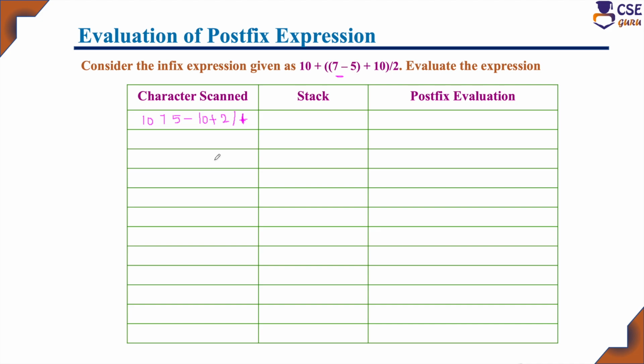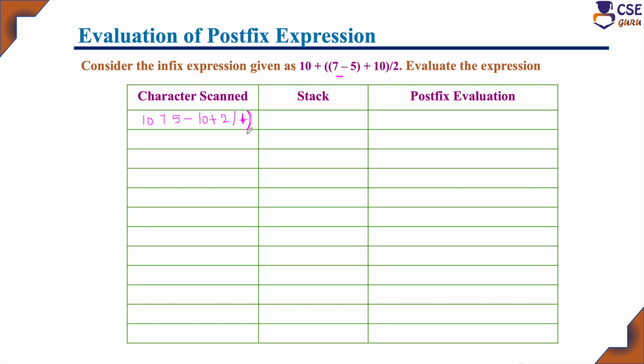So, what is the algorithm to evaluate the postfix expression? First step is to add a closed parenthesis at the end of the postfix expression. Now we have added a closed parenthesis. What is the purpose? Already we know: to represent the end of the postfix evaluation, that is, the evaluation comes to an end. To represent that, we add a closed parenthesis at the end of the postfix expression.